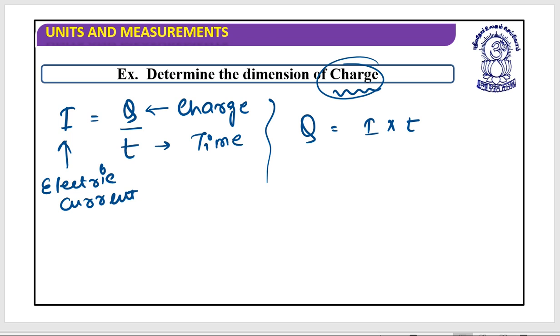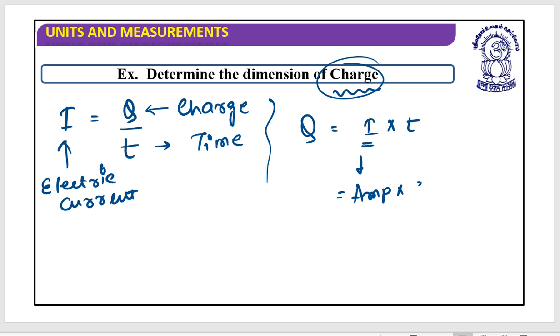Now, what can I write for I? Try to remember whether I, the electric current, was there in the seven fundamental quantities of the SI system? Yes, it would be. What was its unit? Its unit was ampere. So what I can write here is ampere.